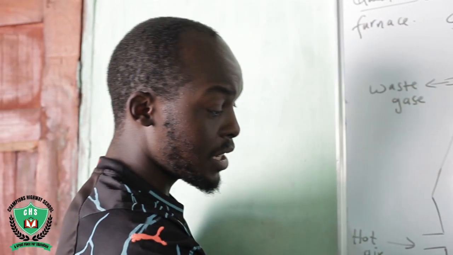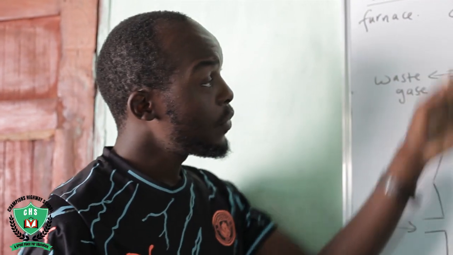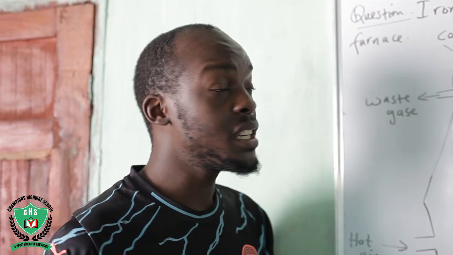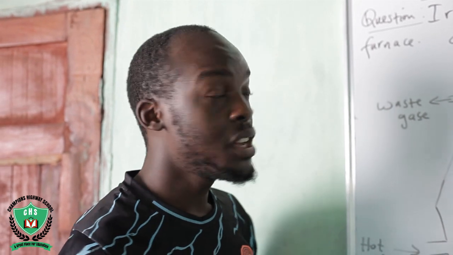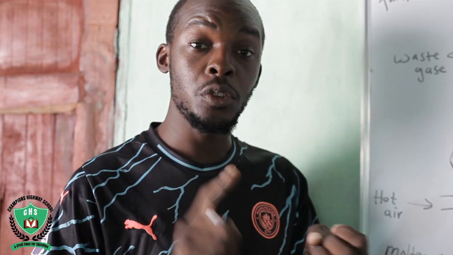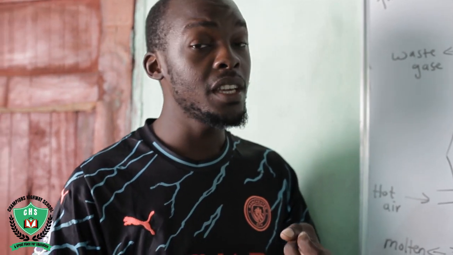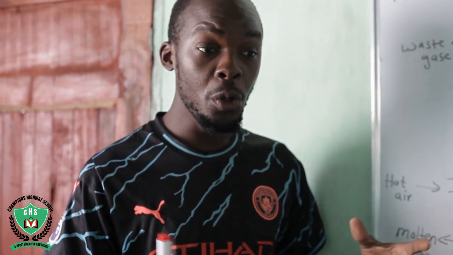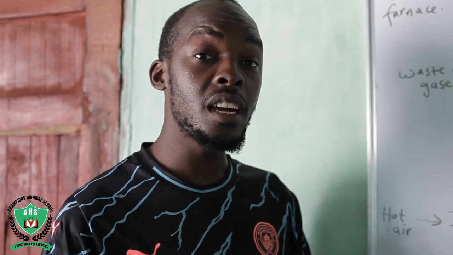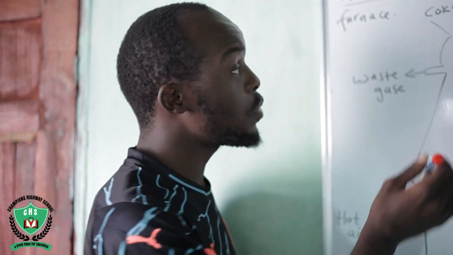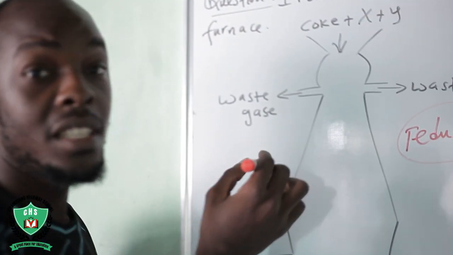So this is a blast furnace. In this blast furnace, there are three substances that are put in. The first substance is coke. The second is the iron ore. Then the other one is limestone. These substances are mixed, and the mixture they form is what we call the charge.